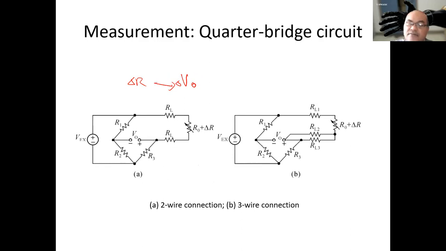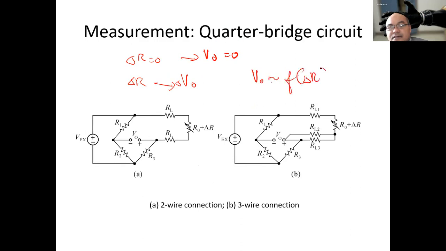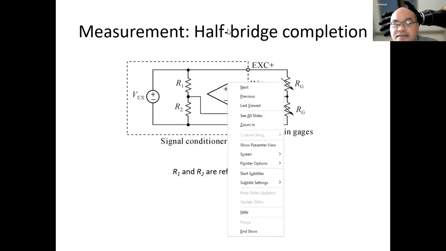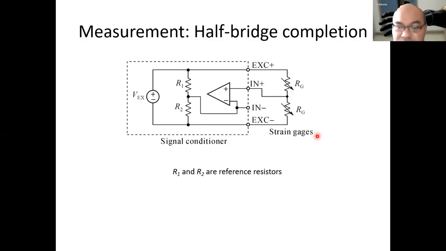In an ideal Wheatstone bridge, when delta R equals 0, then V output should be 0. So V output is a function of delta R. We could also have half bridge completion, which is when two arms of the Wheatstone bridge are attached to strain gauges.